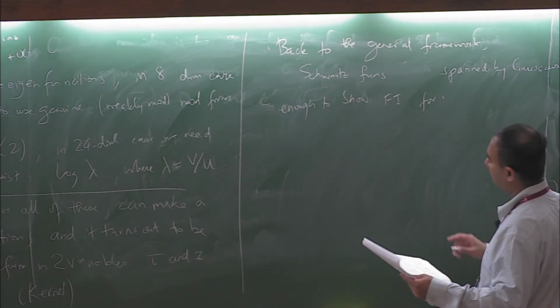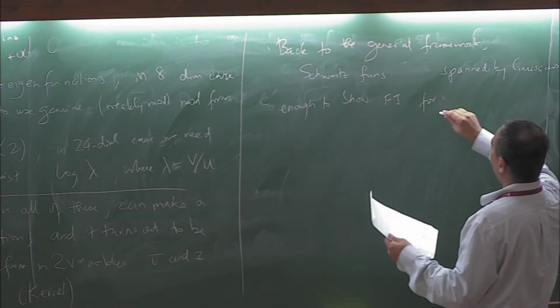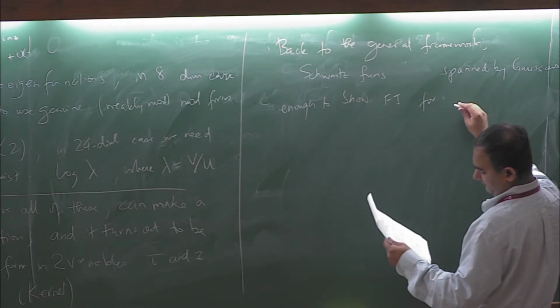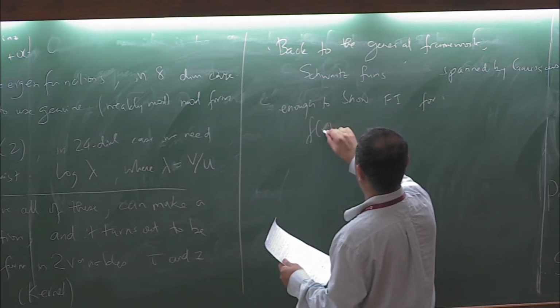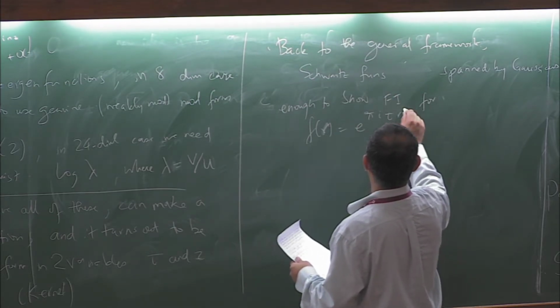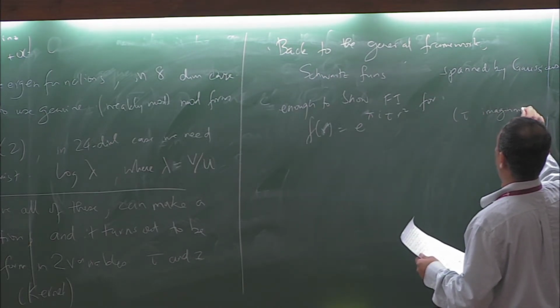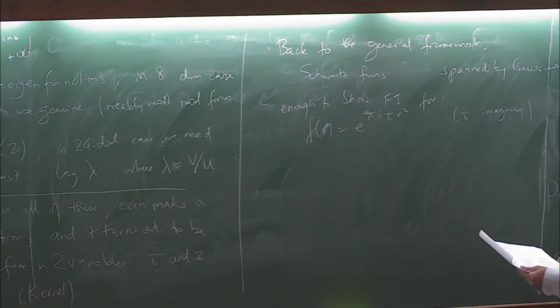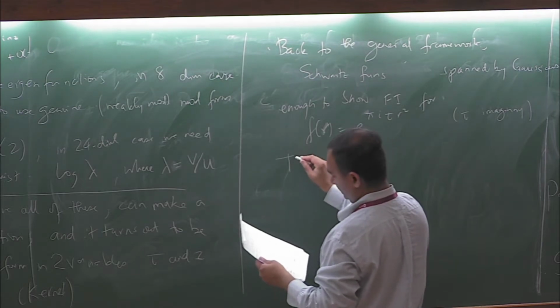That's a lemma in our paper. It's something well known. So it's enough to show the Fourier interpolation formula for f of r being e to the pi i tau r squared, where tau is imaginary. If you could show it for all such Gaussians, then you would show it for all Schwartz functions.